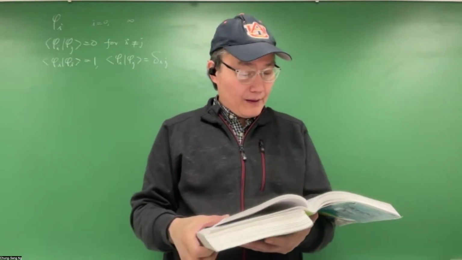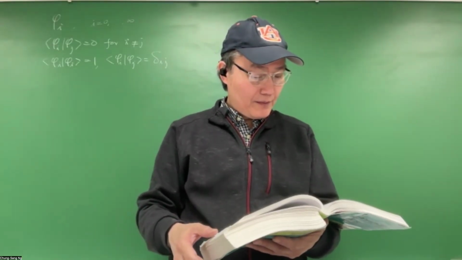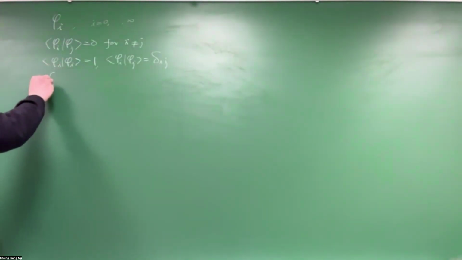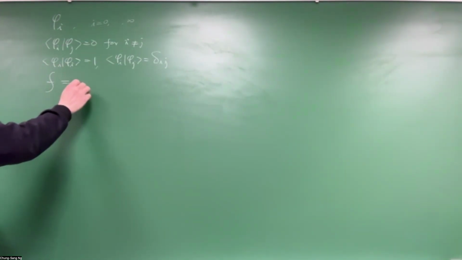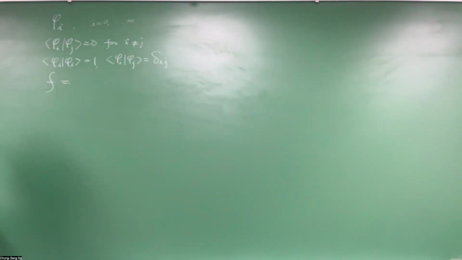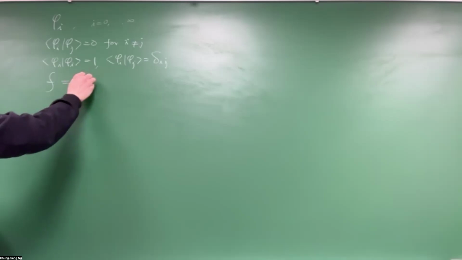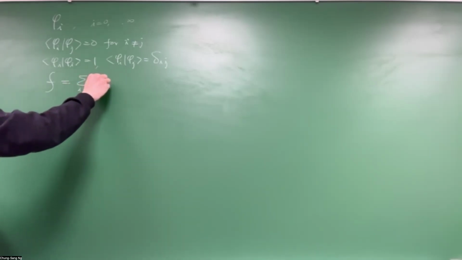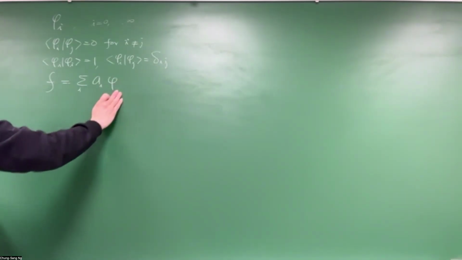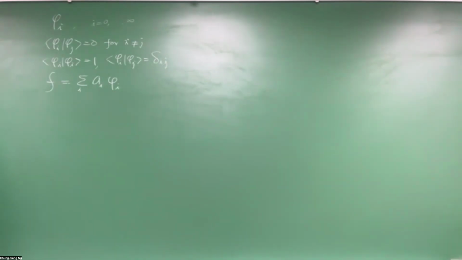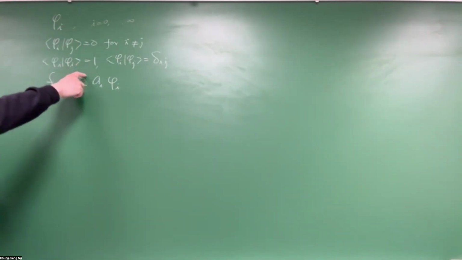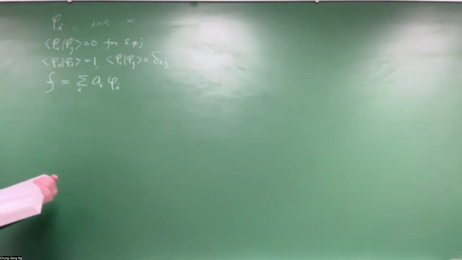And so once we define the basis, any function f can be expressed as a linear combination of these bases. In the textbook's notation, it's the sum over i of a sub i times phi i, not j. Okay, and again, it can be a sum over a finite number of them or an infinite number of them.